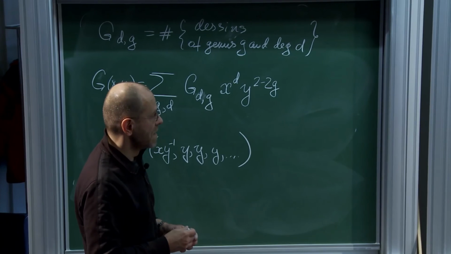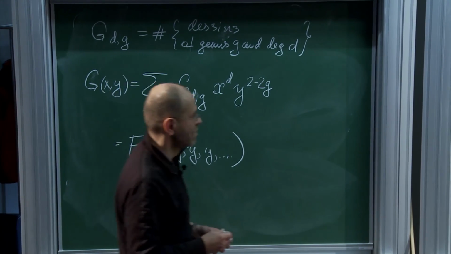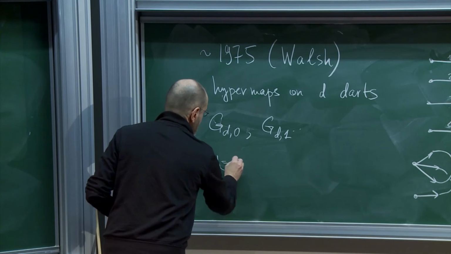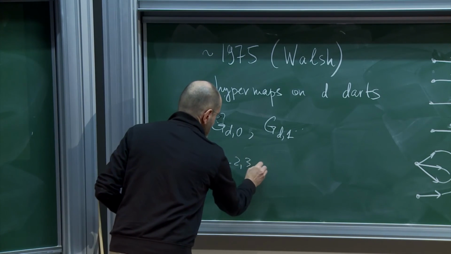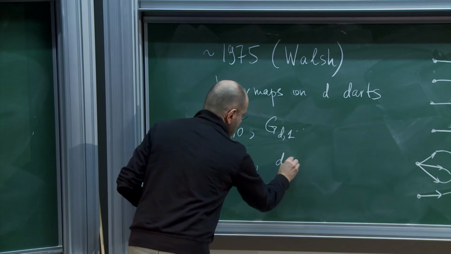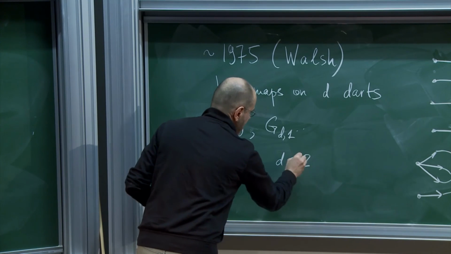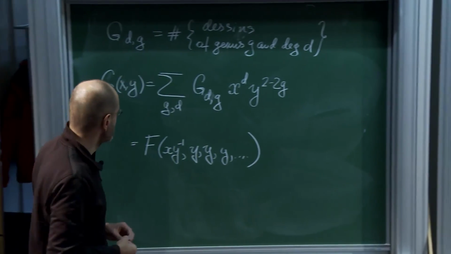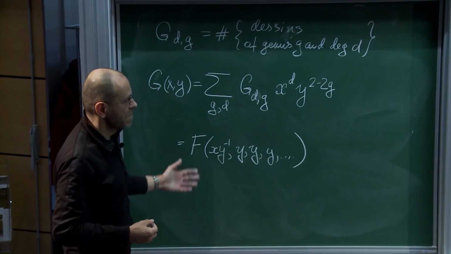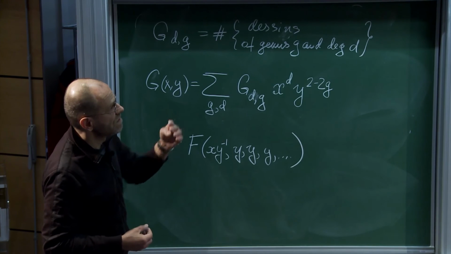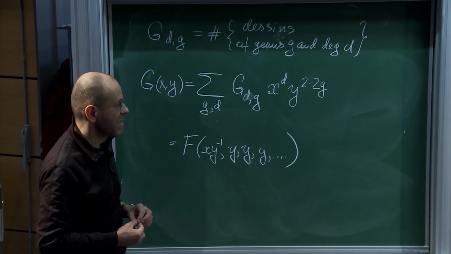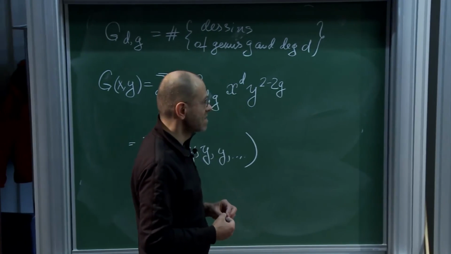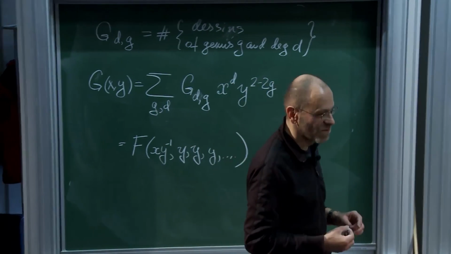but little was known about these numbers in general. They were computed for G equal 2 and 3, and D not greater than 12. That was all that was known about these numbers, but say this formula and the algorithm describing this theorem, they allow to compute these numbers pretty fast, and well, they give the same numbers, of course.